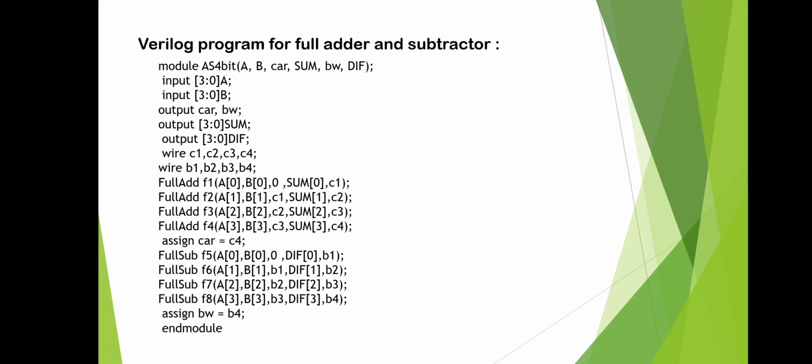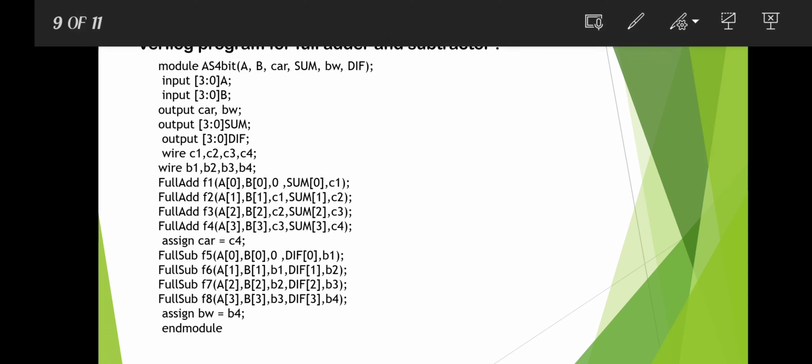Then this is the Verilog program for the full adder and subtractor. In this program, module is a keyword and this is the module name, and these are the input and output variables. The input variables are A and B, then the output variables are sum and difference, and in this case the wires C1, C2, C3, C4 as well as B1, B2, B3, B4.